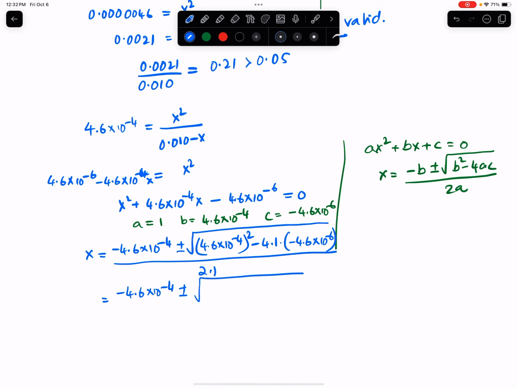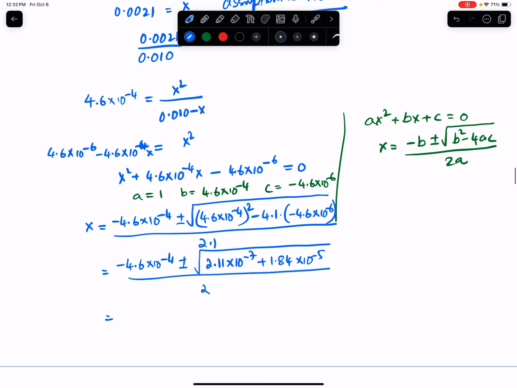The square term becomes 2.11 times 10 to the negative 7. Then this term, if you multiply it out, gives plus 1.84 times 10 to the negative 5. That whole thing is over 2. If I take the square root of this entire term, I get plus or minus 0.0043. I'm going to carry some extra digits just in case.